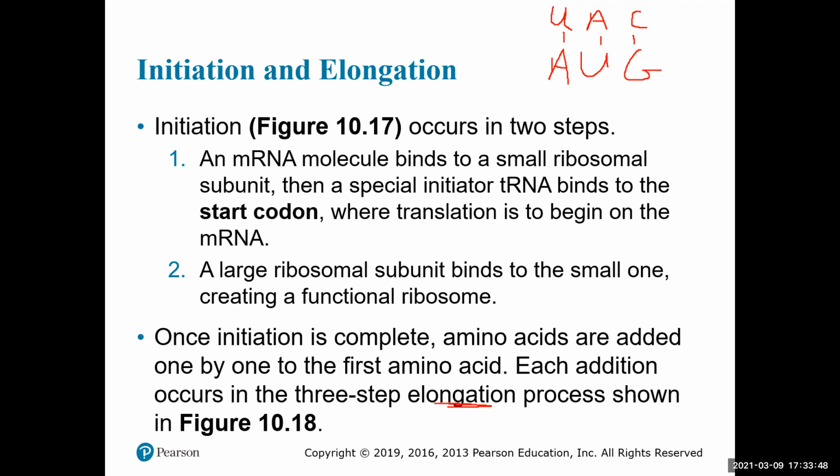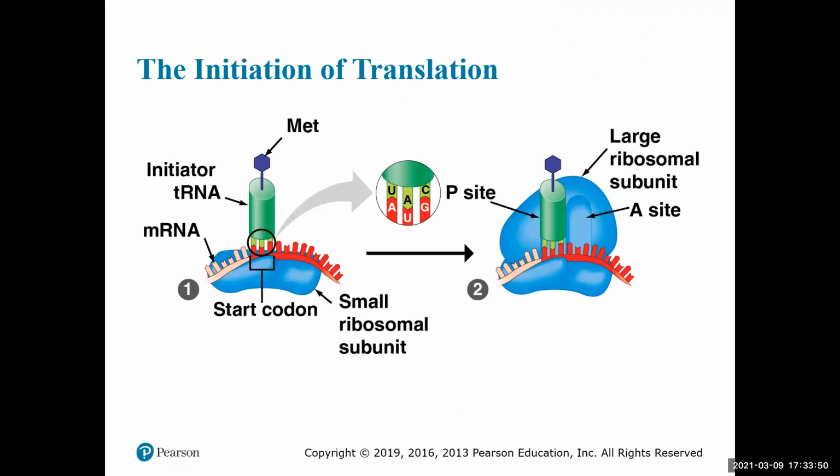And then the large subunit comes in and binds, making the ribosome translation unit complete. So we have that small subunit, the mRNA, the initiator tRNA that has methionine. And see, you have AUG, which is the first codon, and the complementary anticodon on the tRNA is UAC. Now this initiator starts off in the P site.